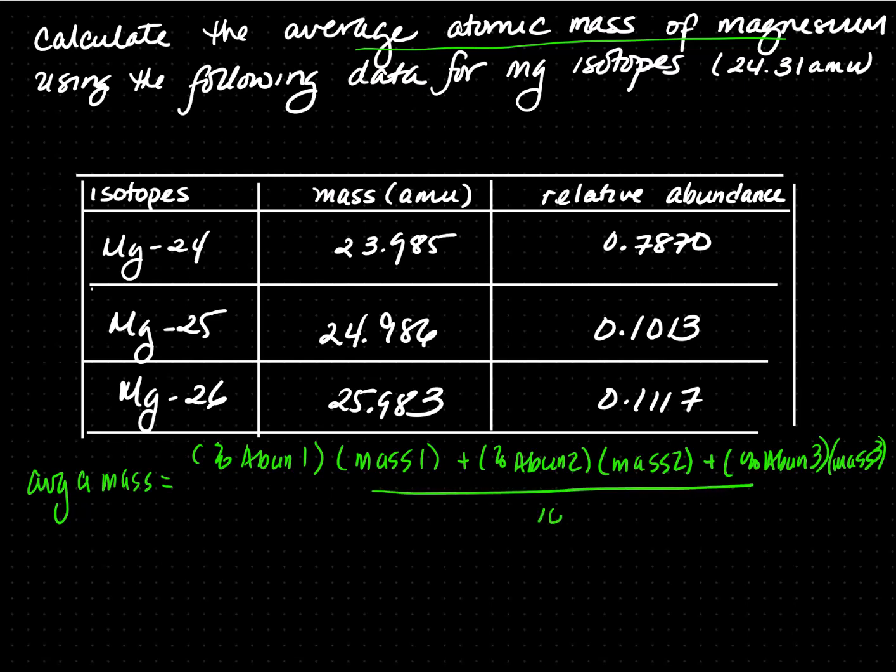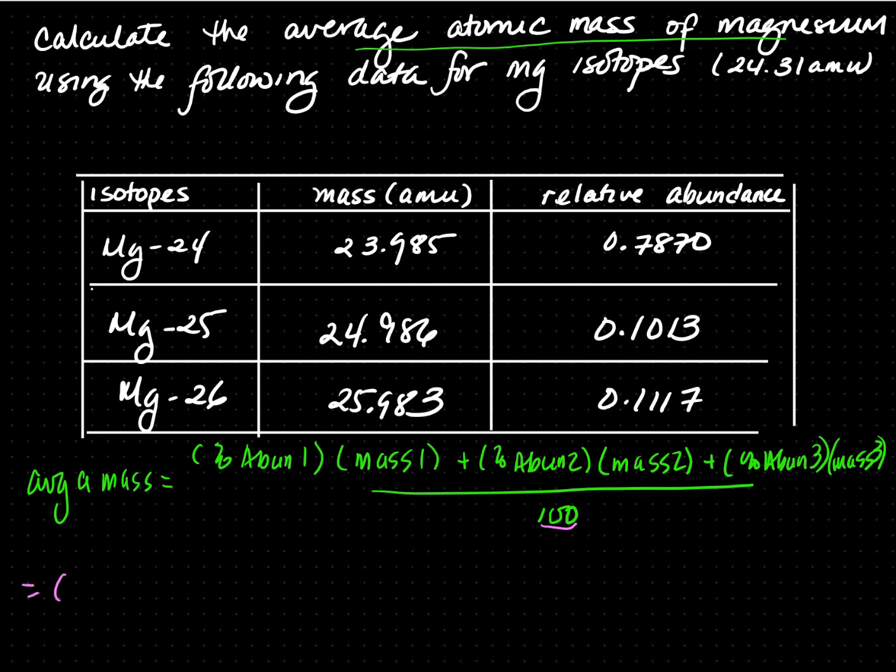If you're multiplying by percent, if you already converted it into decimal, then you do not have to. In this problem, it is already made into decimals, so we do not have to divide by 100.